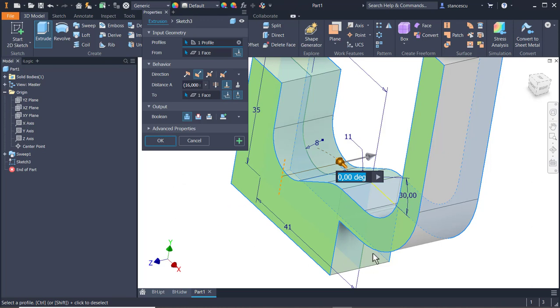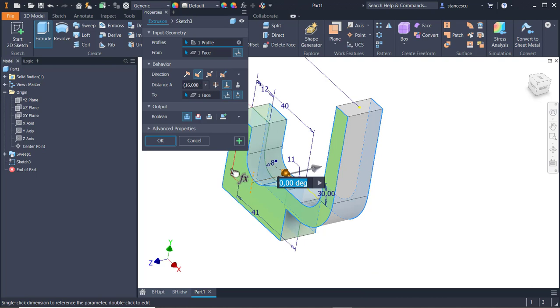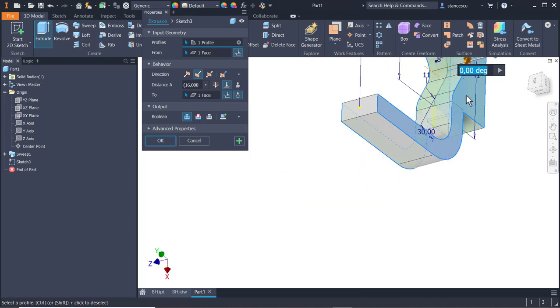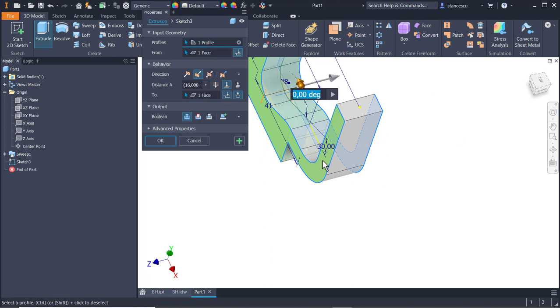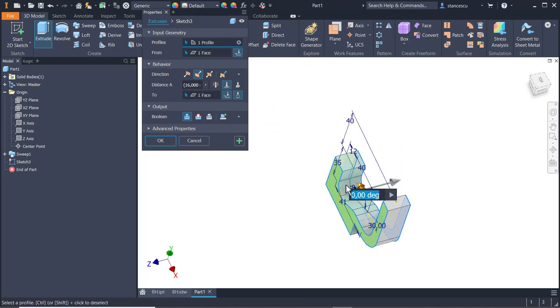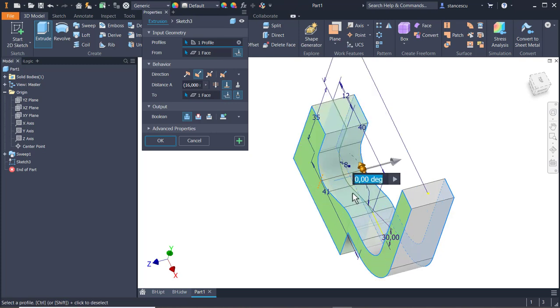You have to know that if this plane or the other end plane is not parallel with the plane with the sketch, the extrusion is created between those planes perpendicular on the first profile.